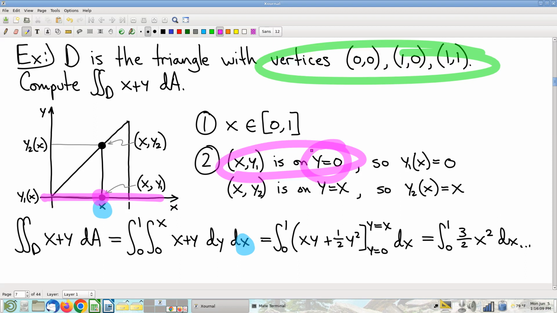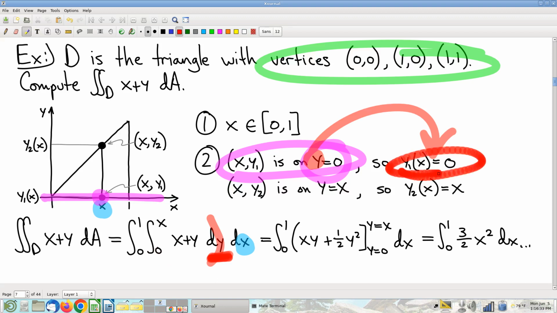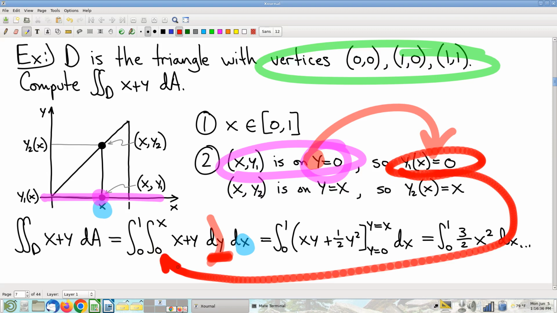And I'm trying to find my y lower bound. Because I'm trying to find a y bound in this equation, I need to solve for y. Good news, it was already solved for. That was nice. Sometimes you get lucky, and the thing you need to solve for is already solved for. Life is good, right? So 0 is what y is there. And so that's why this lower bound is y equals 0. Everybody good?